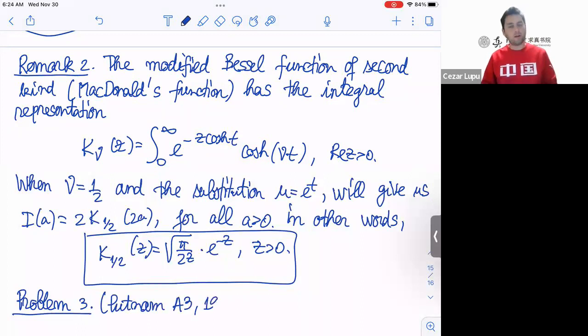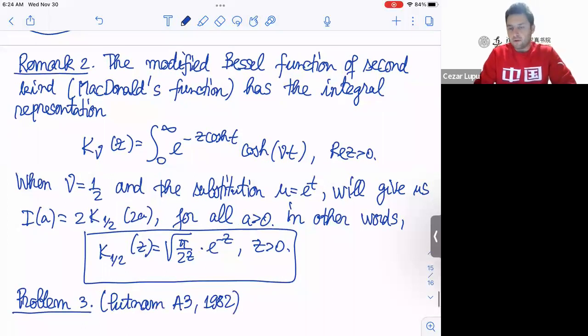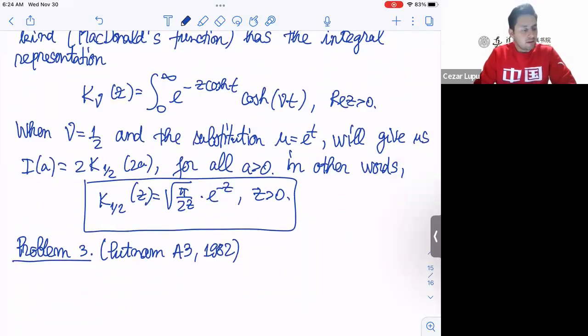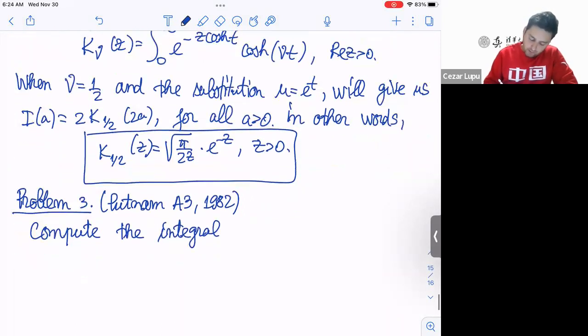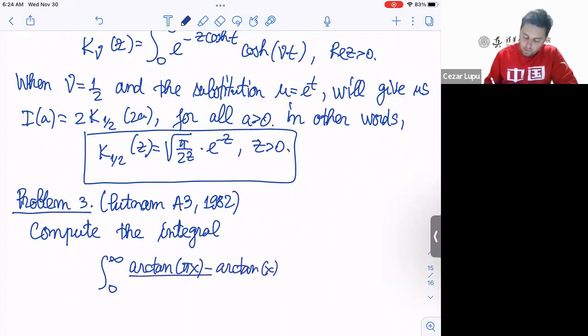In fact, you can do this in many ways; we will discuss this problem when we do multivariable calculus. The problem has a very simple statement: compute the integral from 0 to infinity of (arctan of pi x minus arctan of x), everything over x, dx.